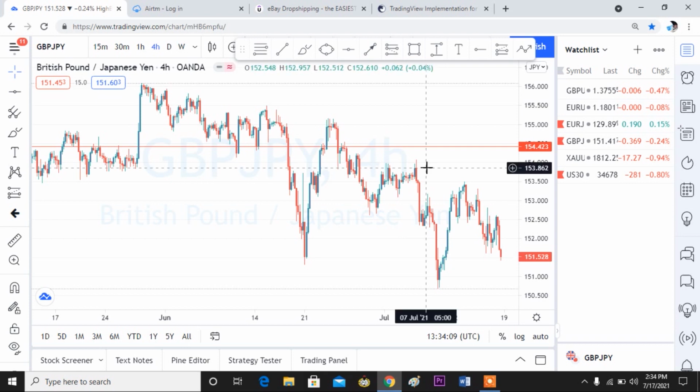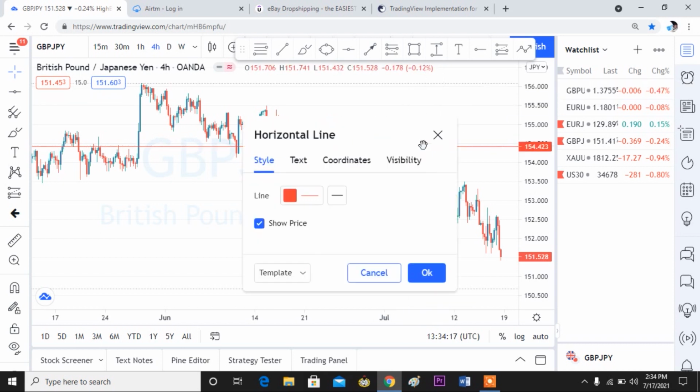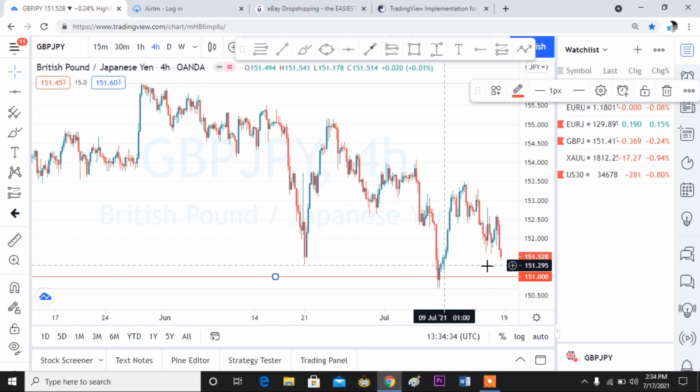So our psychological number here is going to be 151. So we pull out our horizontal line and go to coordinates and just type in 151. I remember I said it's double zero, so 151.000. So click OK. So this is it.